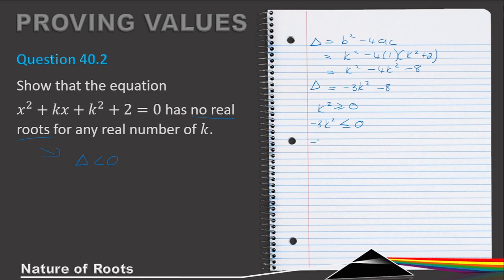So minus 3k squared minus 8 will always be less than 0 for all real numbers. Okay, and if we've now shown that the discriminant is always less than 0, we have therefore no real roots. And then we're done.